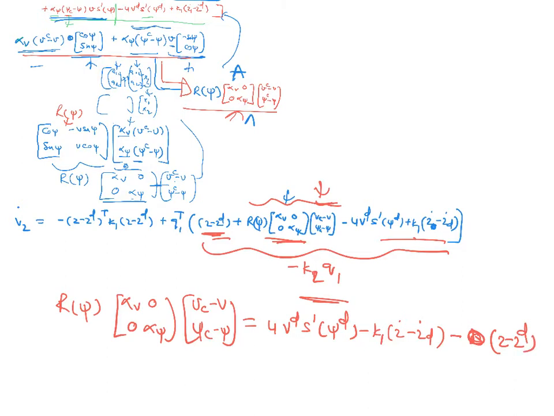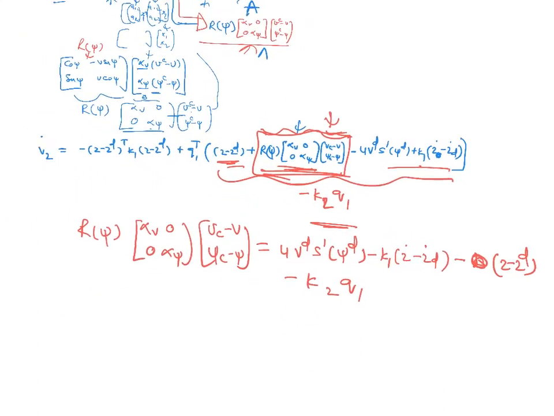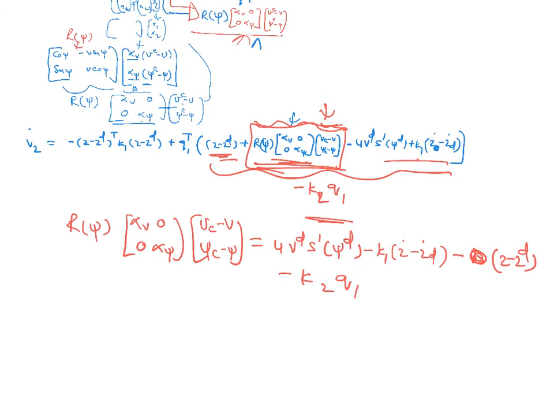That cancels out everything, and I choose this such that it equals minus k2 q1. Then V2 dot is minus z transpose k1 z minus q1 transpose k2 q1. That's negative definite, so I will get that.